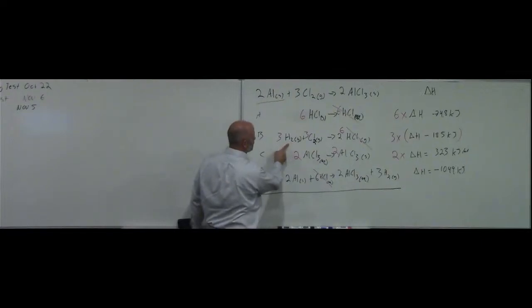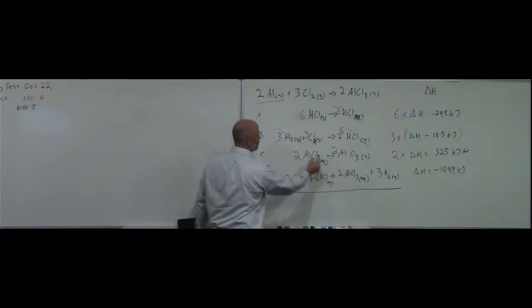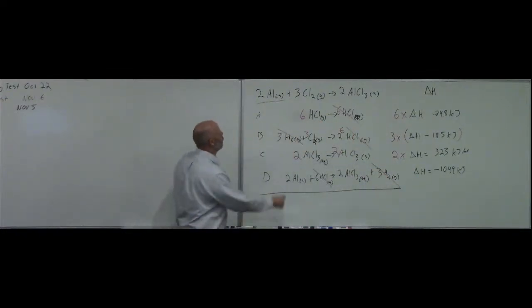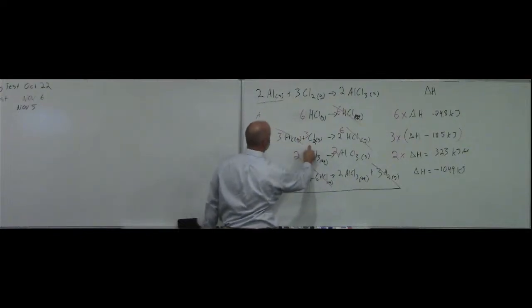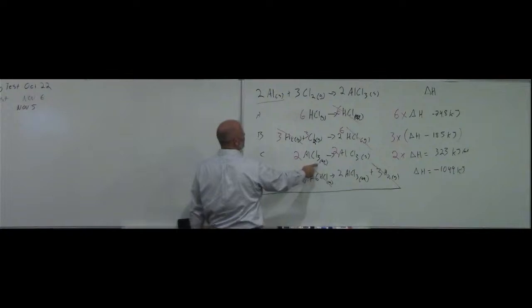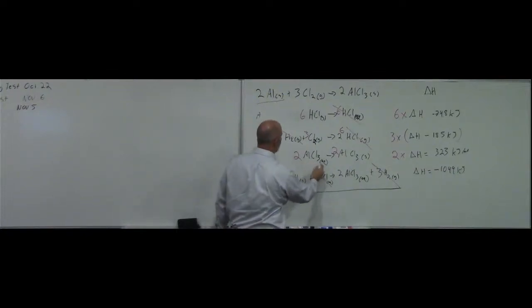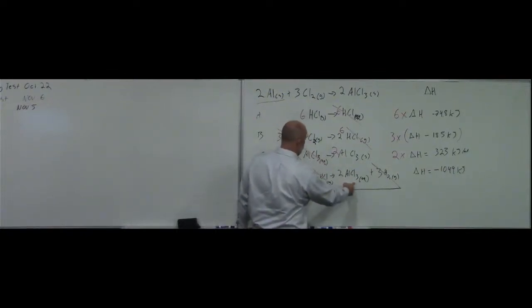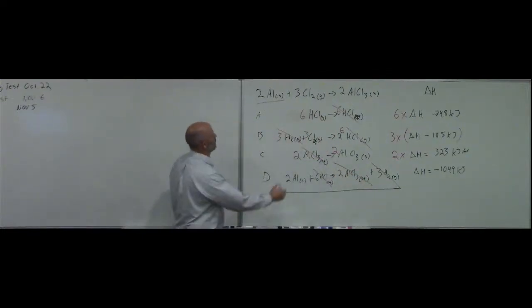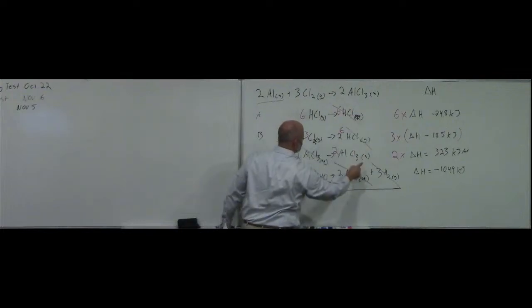H2 gas on the left. I got 3 of them, so I'm looking for it on the right. Those two cancel out. I want my 3 chlorine gases on the left. They're there, so that's good. AlCl3 aqueous on the left. I don't want that. I've got it over here on the right. That's perfect. That's going to cancel out. AlCl3 solid is on the right.